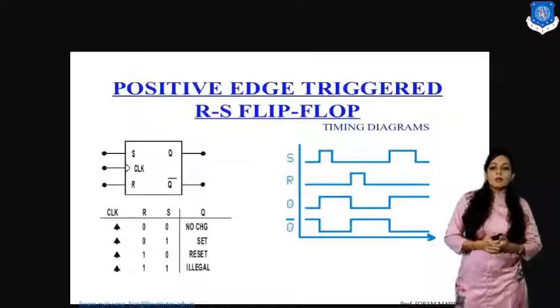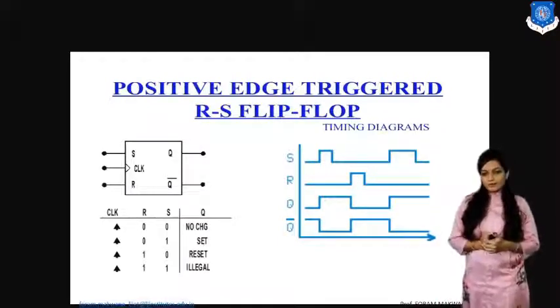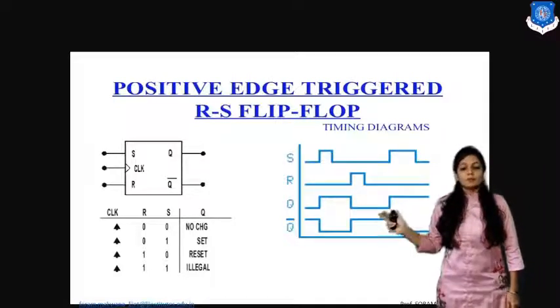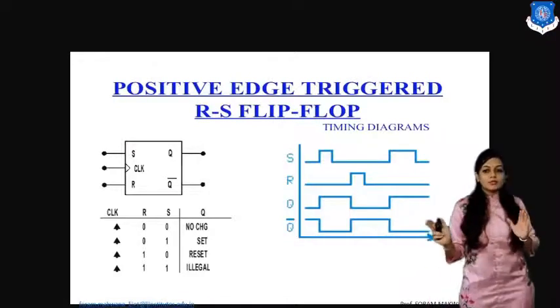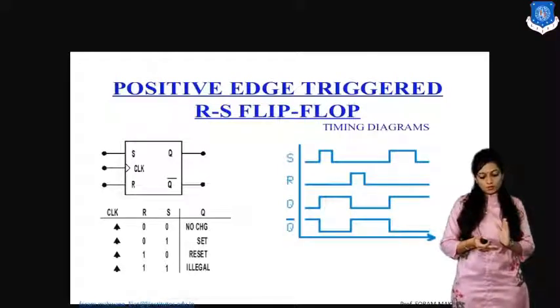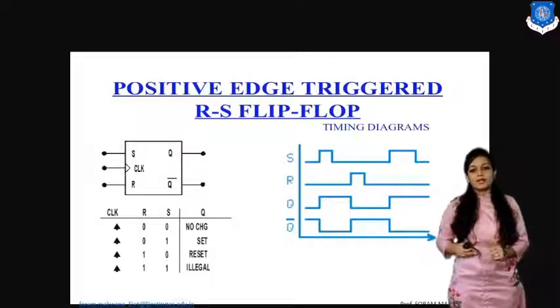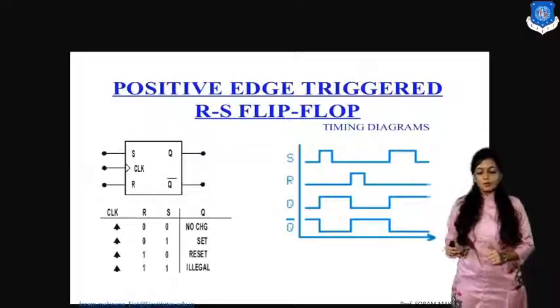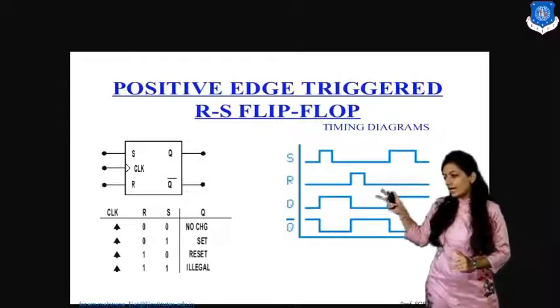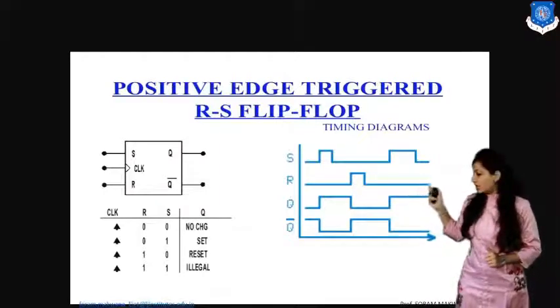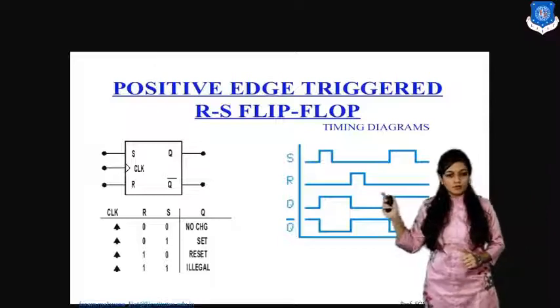Now the next is the positive edge triggered RS flip-flop. This flip-flop is going to change its state at the positive edge of the clock, that means at the rising edge, when my clock changes its state from 0 to 1. It's called a positive edge triggered RS flip-flop, in which you are able to identify that there are two inputs, S and R, and the clock is for the activation of this flip-flop.